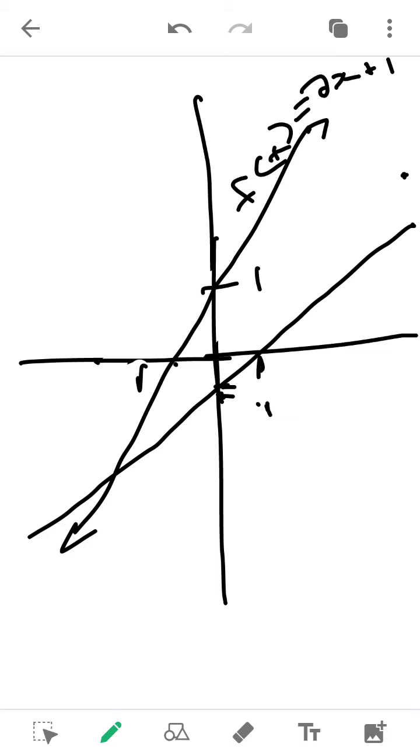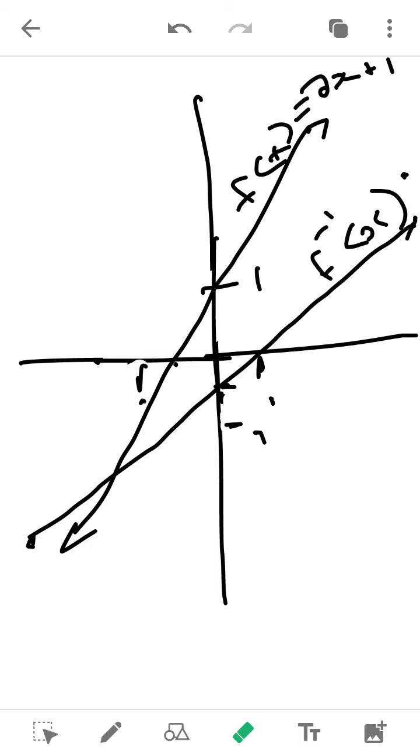Before you plot, you must use a ruler. Unfortunately, I can't use a ruler on my not-live board. So here is our negative 1 and our positive 1. And now this one is the graph of the inverse of f of x.